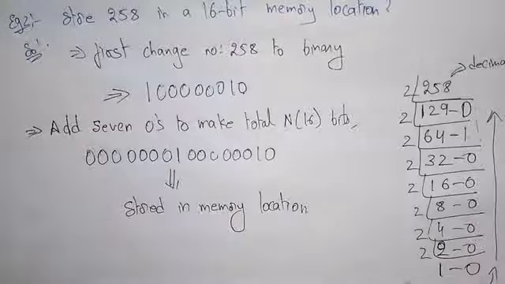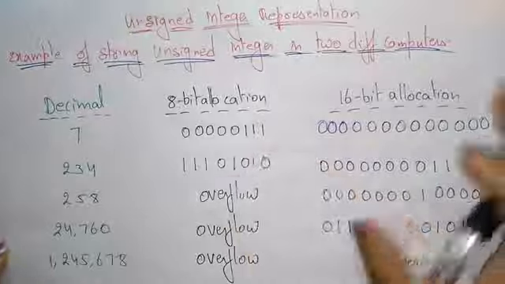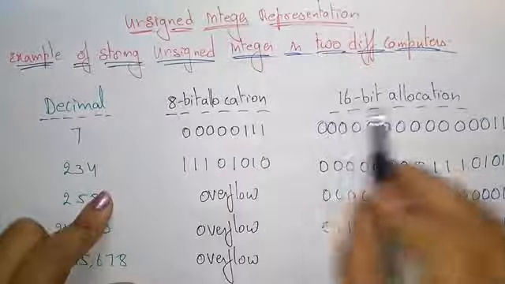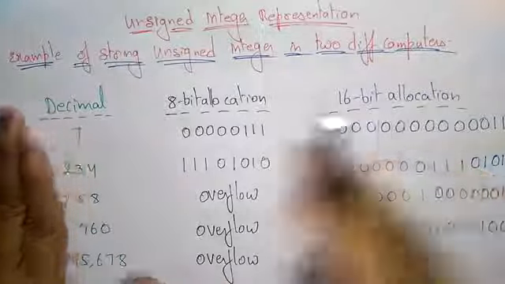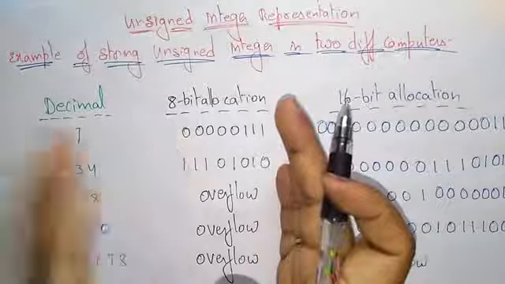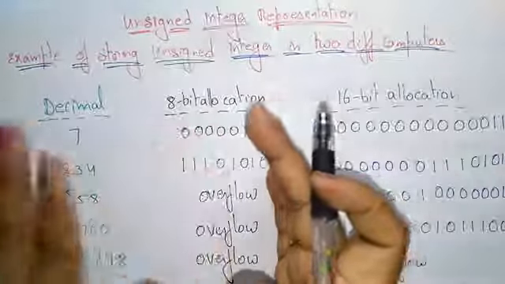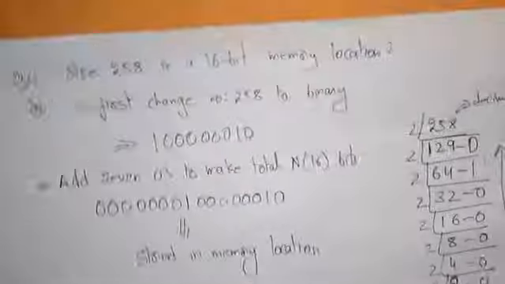Here let us see the example of storing unsigned integers in two different memory locations. Here I have taken an 8-bit memory location and a 16-bit memory location. Whatever decimals we have taken, if you want to store them in an 8-bit location, convert into 8-bit; if you want to store in a 16-bit location, convert into 16-bit, following the procedure I have explained.